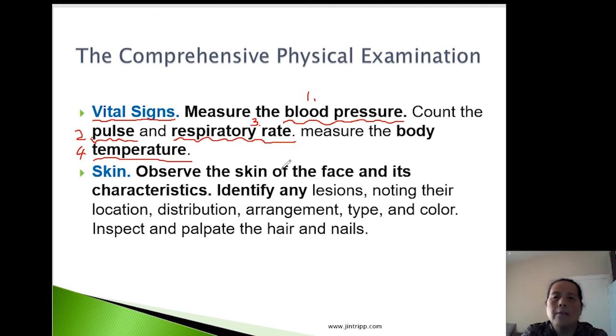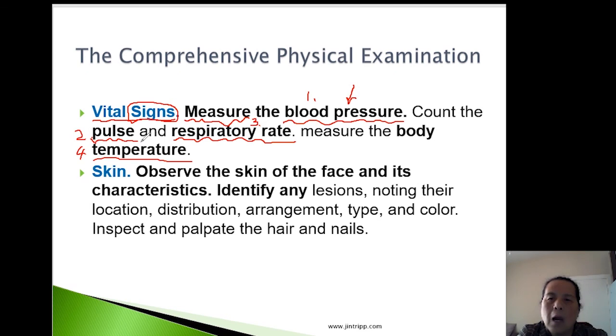Yeah, vital signs. We're talking about the signs that the practitioner can see or maybe measure. So all of these four vital signs we can measure. For blood pressure we have a special kind of machine.